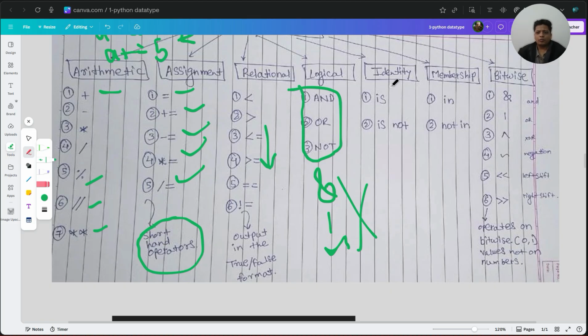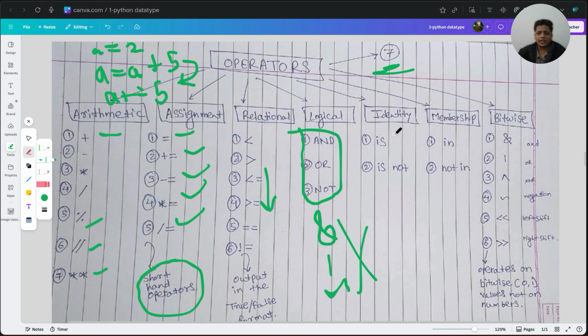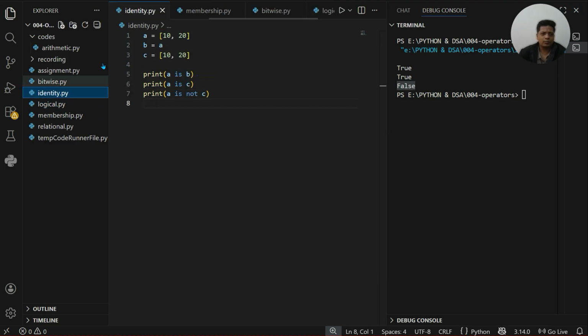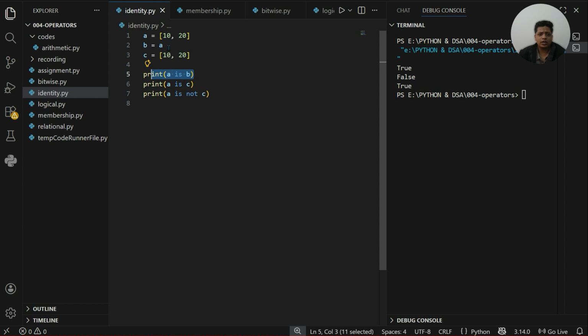Now the fifth operator, that is the identity operator, is and is not. It shows whether a particular thing belongs to or does not belong to. Let's run this program. A equals 1020, B equals A, C equals 1020. Print A is B, means A is 1020, B is equal to A, means A and B are the same.